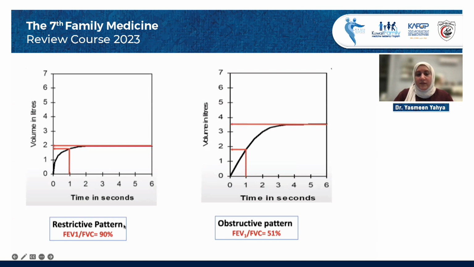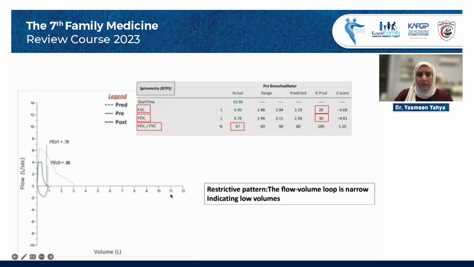In the restrictive pattern, the FVC is markedly less than normal, and this just shows you the difference between a restrictive pattern and obstructive pattern, how the shape of the curve is different. And the most important, you'll see the FEV1 over FVC ratio is the best thing to differentiate between them.